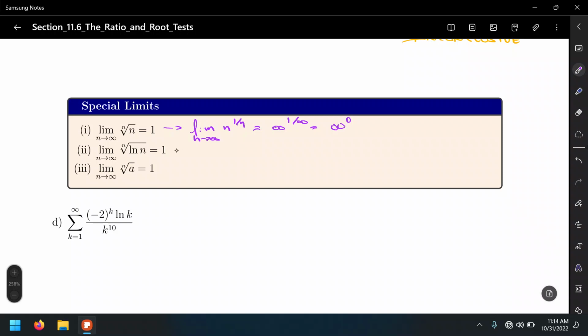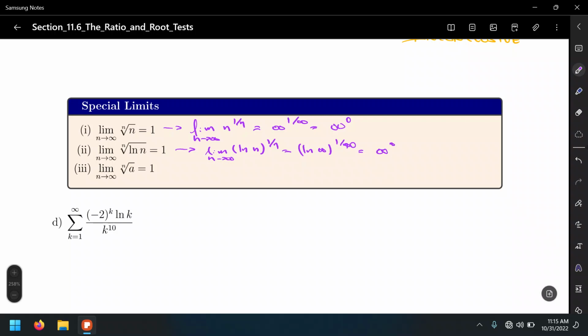Another indeterminate form, very similar, the limit of ln of n to the 1 over n. That's ln of infinity to the 1 over infinity. That's infinity to the 0 power, and again, that's one of the indeterminate forms you learned back in Calculus 1.